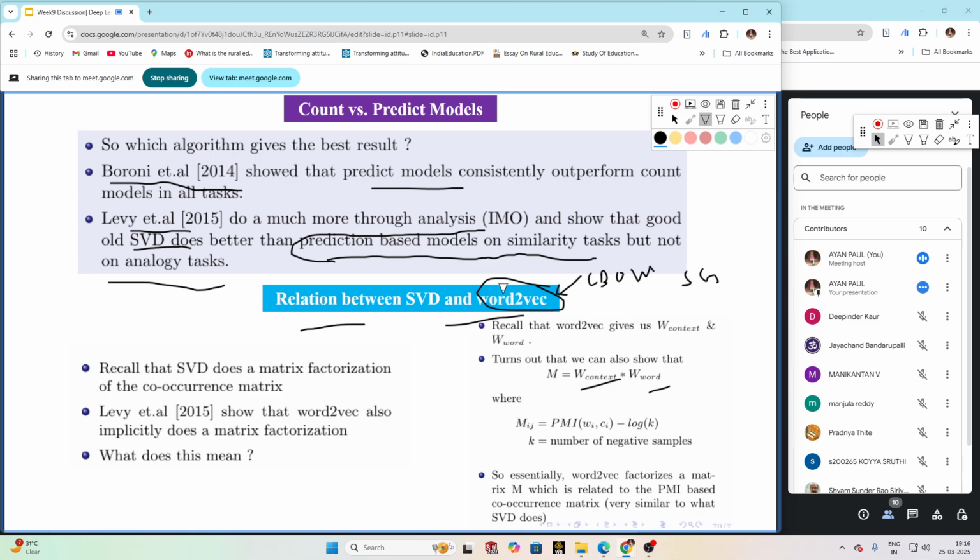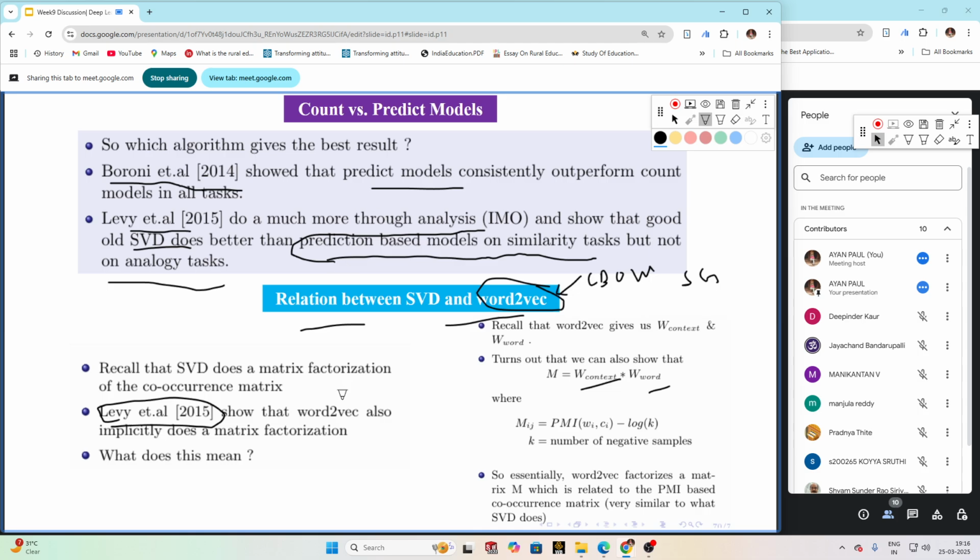So that is why we have this relationship between SVD and the word2vec model. In both these cases we want w context and w words, so that is why they have some relations. That is what Levy and others showed in their study in 2015.